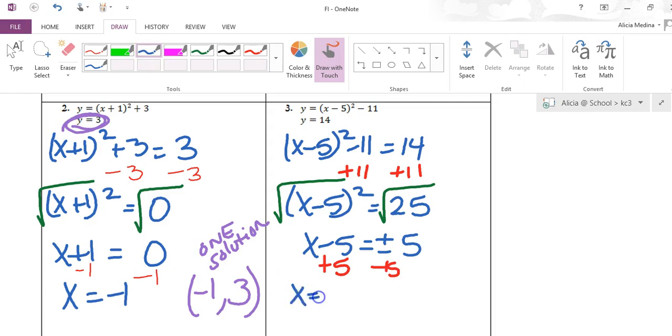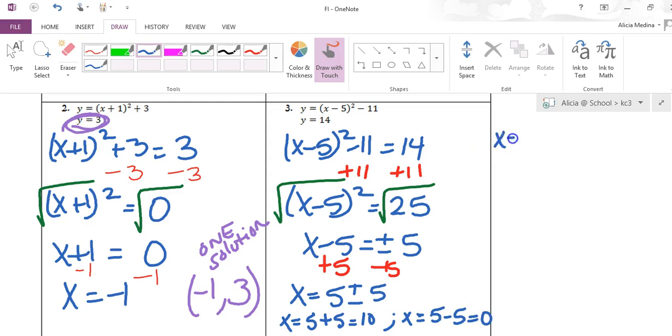So x is going to equal 5 ± 5. These are like terms. So one of the options then, I'd have 5 + 5, which equals 10. And I'll have 5 - 5, which is 0. So those are my two x values.